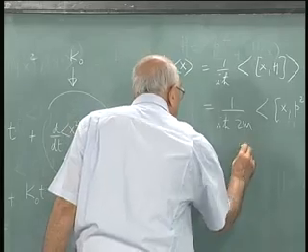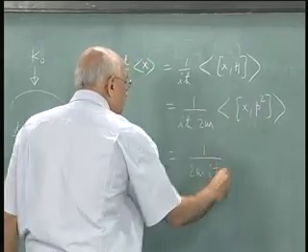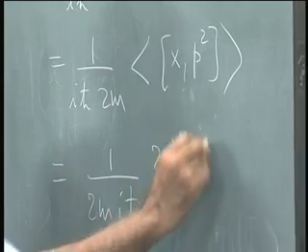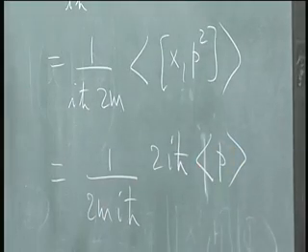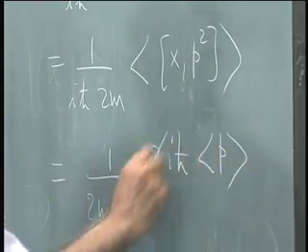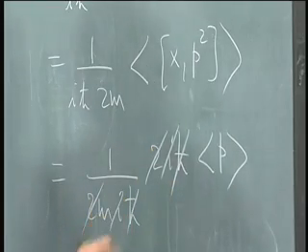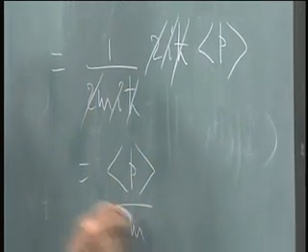This is equal to 1 over 2m iħ, and x with p squared is 2iħ expectation value of p. And the 2iħ cancels, and it gives you a result which you expect, it is p over m.